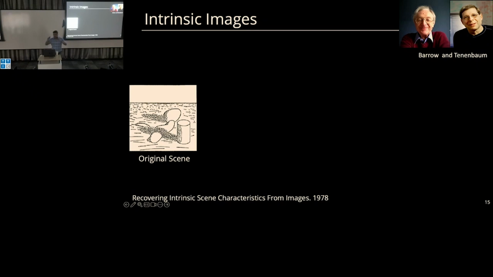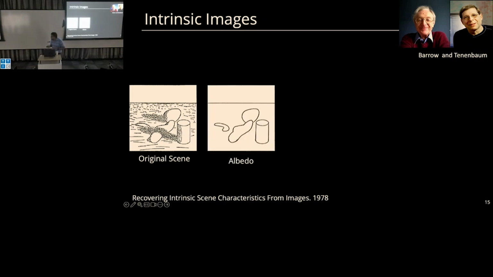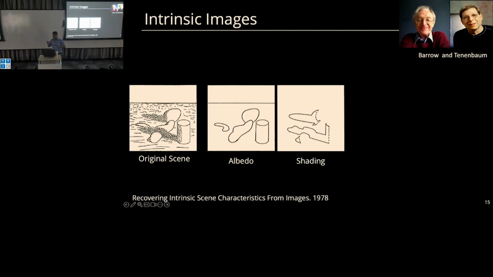What they said is that, okay, if I have an image, we can decompose it into certain parts. What they call first is an albedo. Albedo is something that is independent of lighting, like the color, the appearance that you see, which is completely independent of lighting. The other is shading, which is dependent on how light interacts with different surfaces.